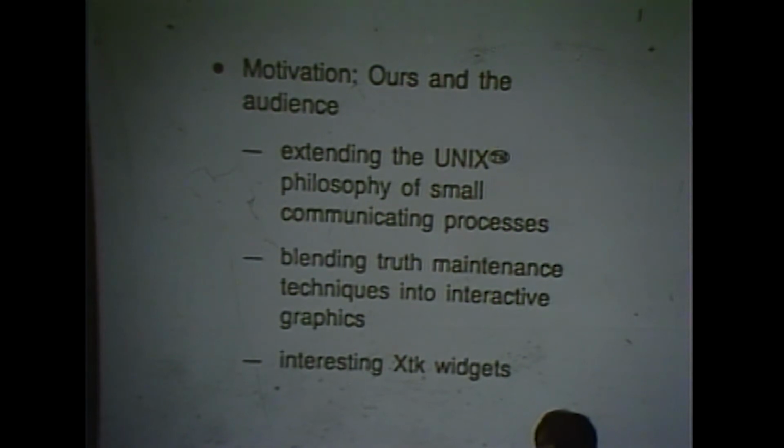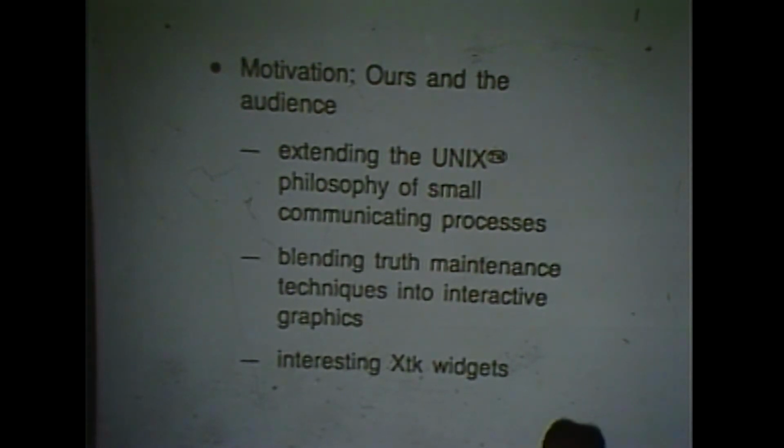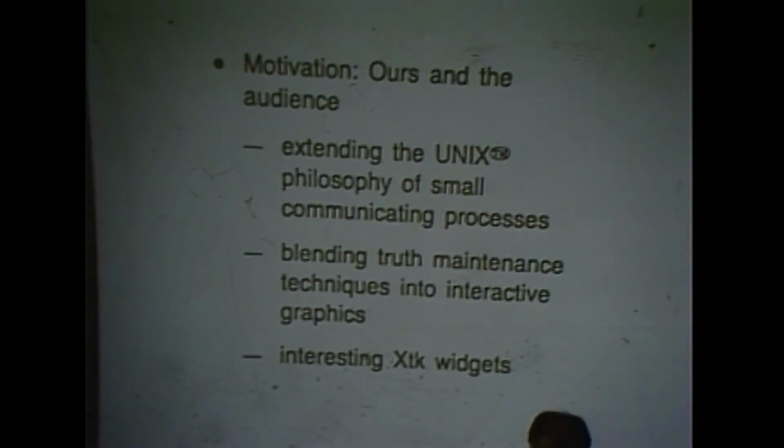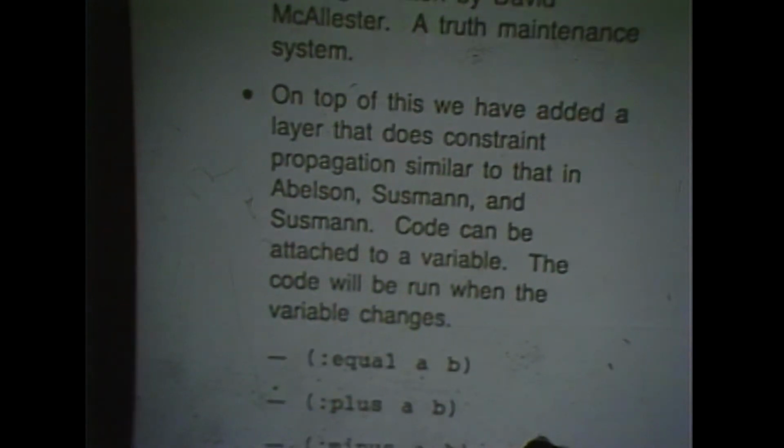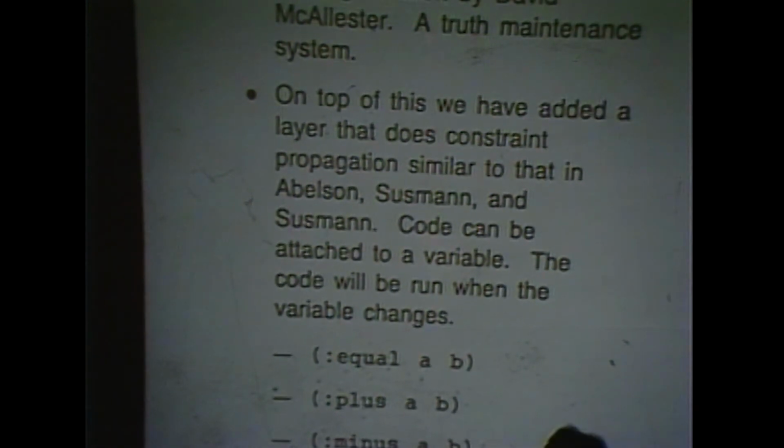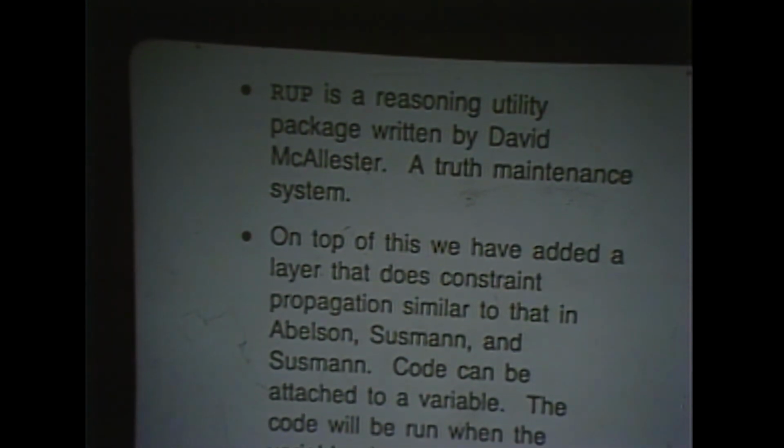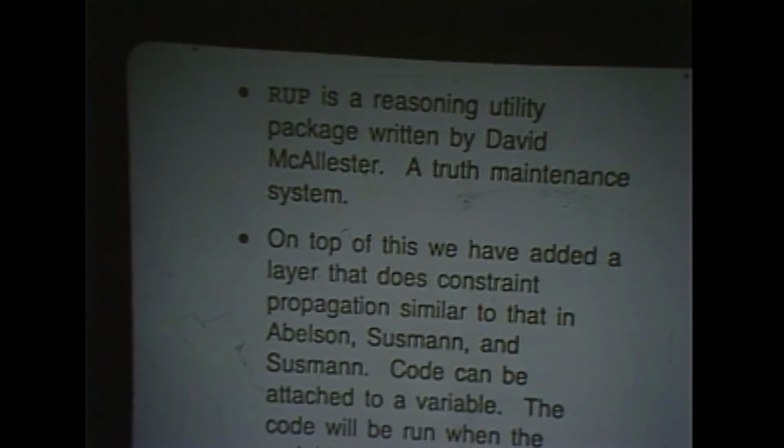We also do kind of a nice job of blending in truth maintenance techniques. I hope you'll see that in there. And I think we also have some interesting widgets, which are kind of fun toys, which I hope you'll like. The reasoning utility package is called RUP, and it was written by David McAllister.